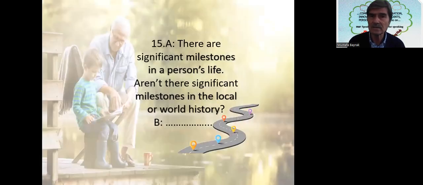There are significant milestones in a person's life. Aren't there significant milestones in local or world history? Of course, there are, also in a family history, and in world history.